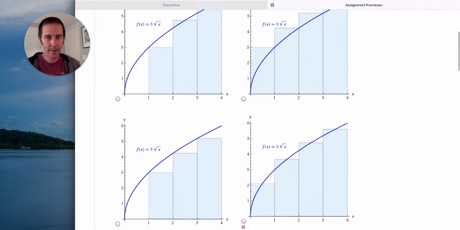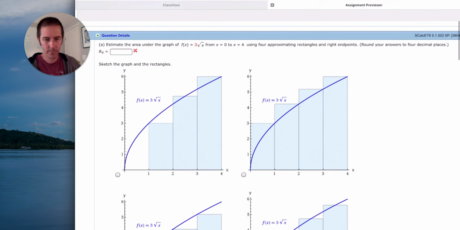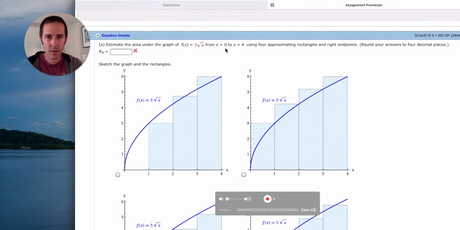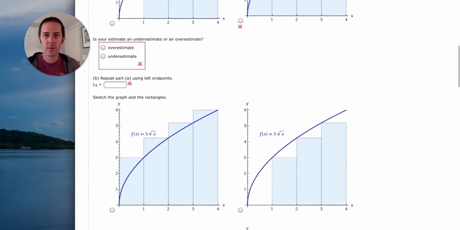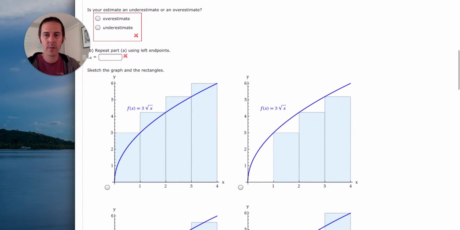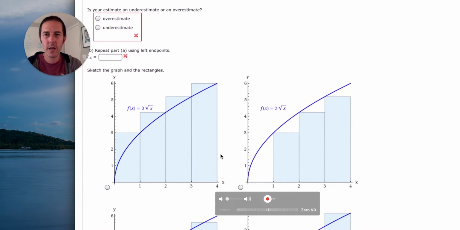The a value in this case is 0, and our b value is 4. So x sub 0 is my a value, which is 0.